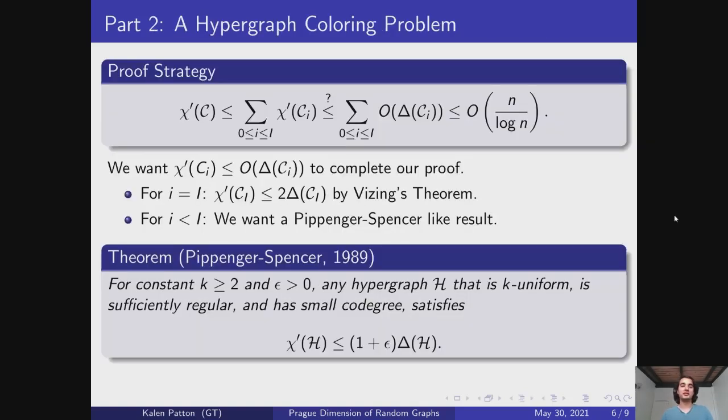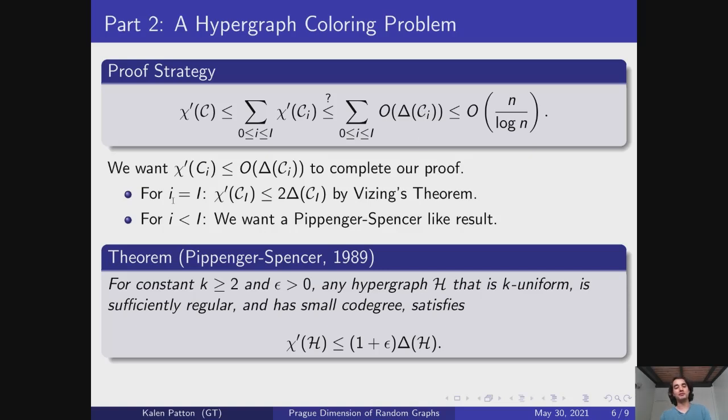Okay, so this brings us now to the second part of our proof, in which we want to show that the chromatic index of this clique edge covering that we just generated is indeed on the order of n over log n. And as I mentioned earlier, the main component in this second result is this intermediate estimate that the chromatic index of each C_i is at most on the order of its maximum degree.